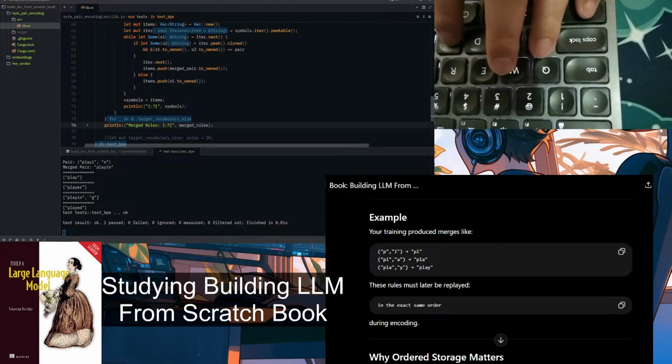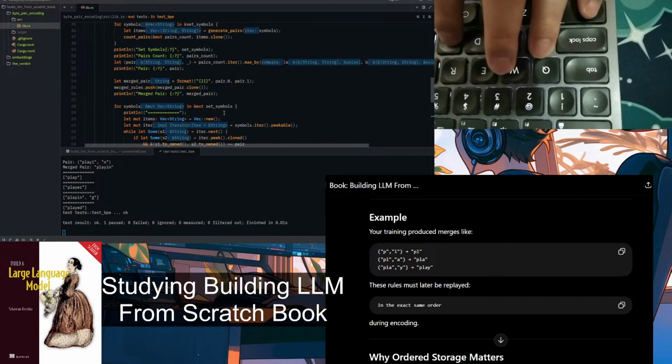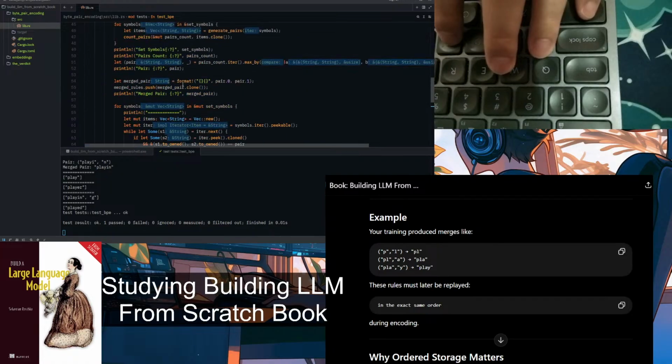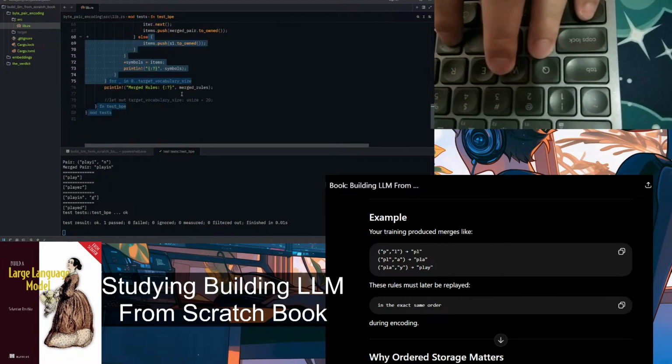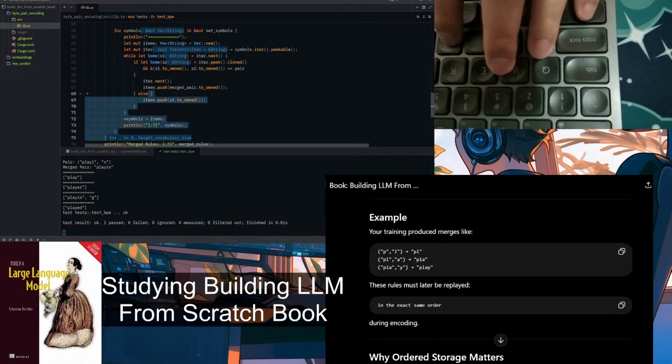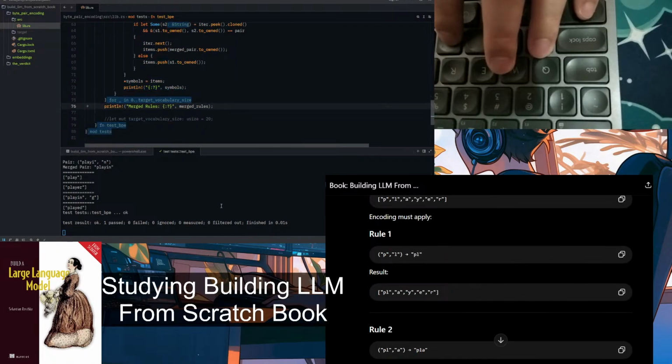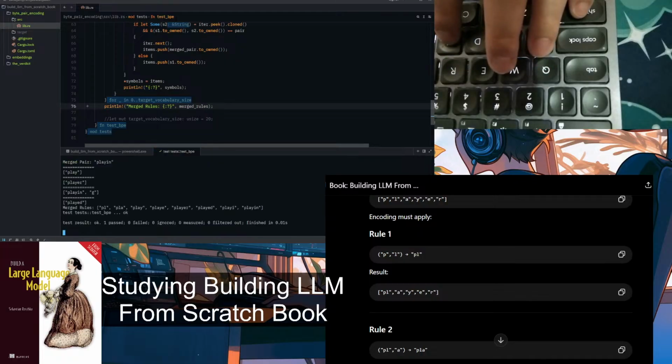What I have done so far, I think I was able to do the core logic of the BPE. I just need to have the right output. Currently, what I'm missing is the merge rules history, as ChatGPT is trying to tell me. Okay, so this is the merge rules.